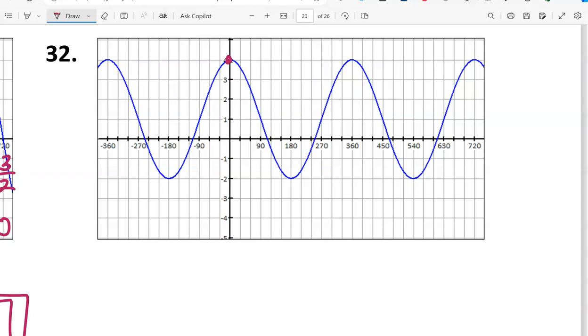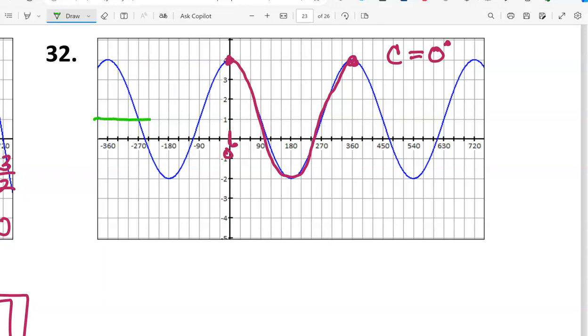If I choose a 0 phase shift, we're going to start our cycle at 0, and this looks like it will be a cosine function. So C, our phase shift, is 0 because we're starting our cycle at 0 degrees, and the vertical shift is the average of the high and low values.